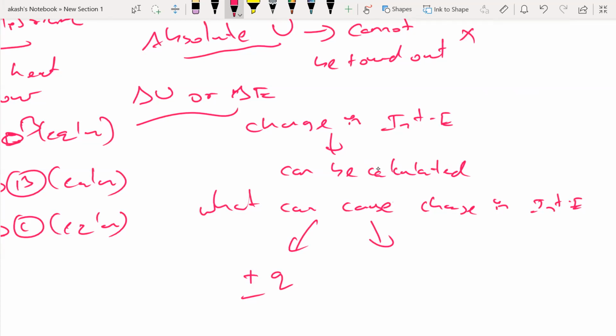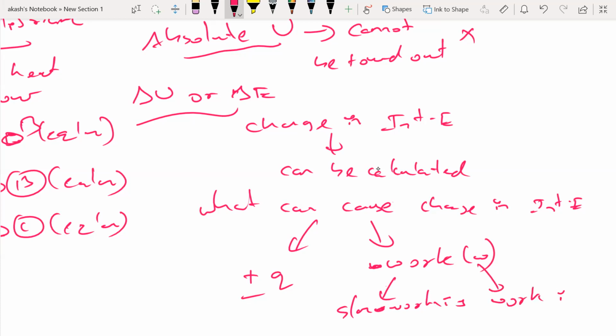The second possibility is doing some work, that is W, right? Either the system is doing work or you are doing work on the system. I can write it as the system doing work, or work is done on the system.